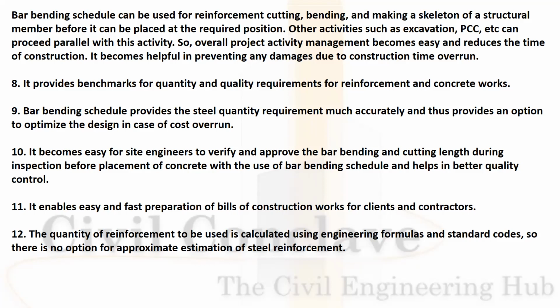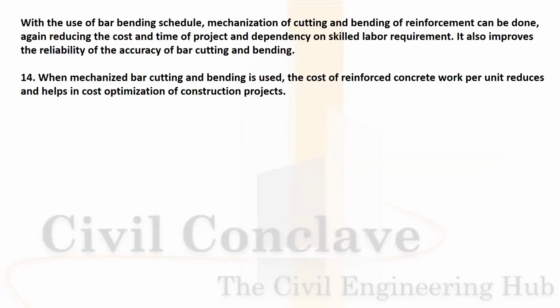So that you can have better quality control. It enables ease and fast preparation of the bills. The quantity of the reinforcement to be used is calculated using engineering formulas and standard codes. There is no option of approximate estimation of the reinforcement.